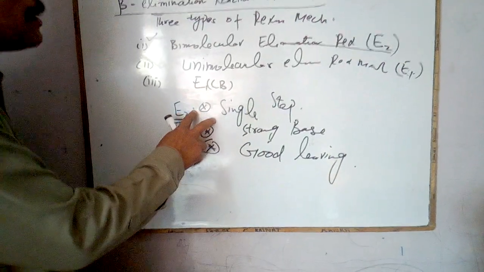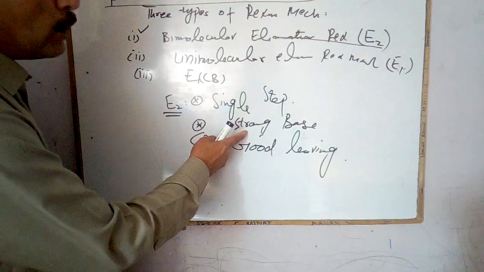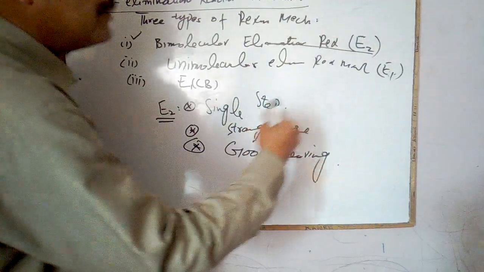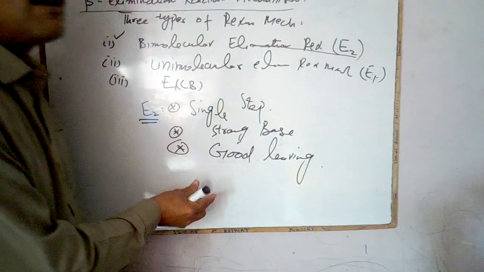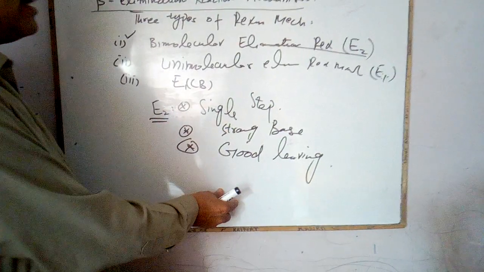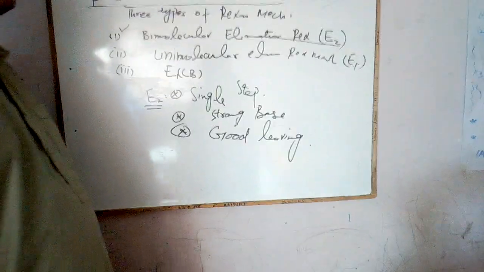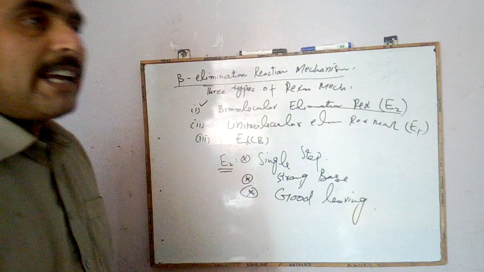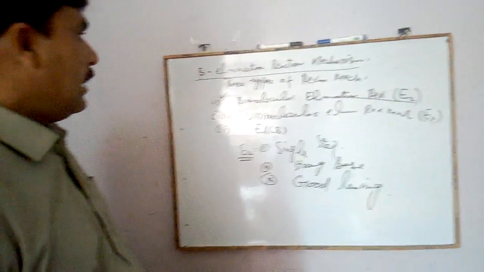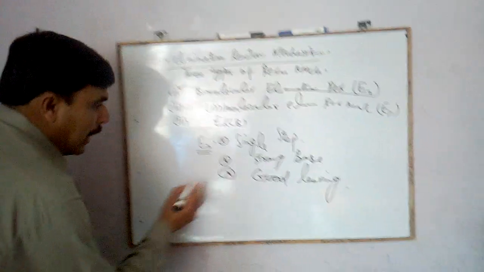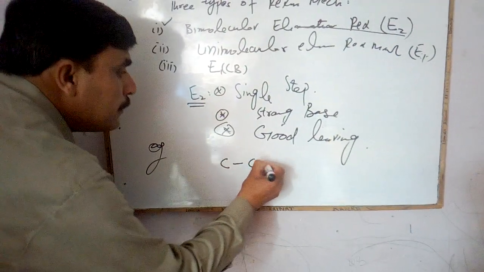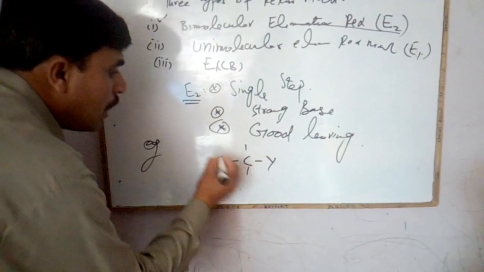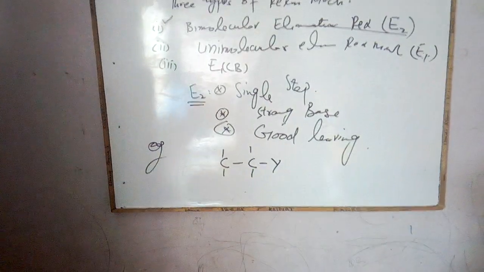So this is a single step mechanism. The removal of a proton by a base and the leaving of the leaving group both occur in a single step, which results in the formation of a transition intermediate, and then the transition intermediate is converted into the final product. As you can see here, these are different kinds of protons.